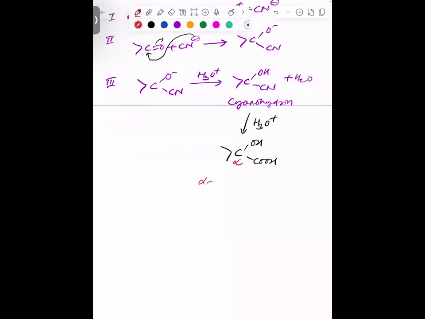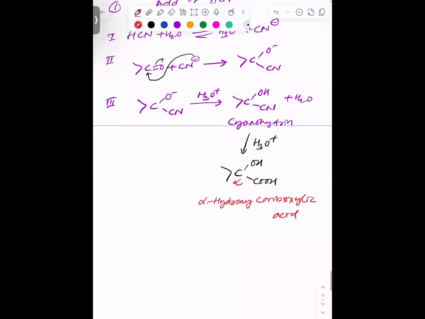So the hydrolysis of cyanohydrin gives alpha hydroxy carboxylic acid. Okay, so note down, friends: hydrolysis of cyanohydrin gives alpha hydroxy carboxylic acid.